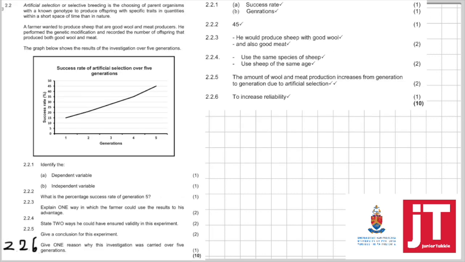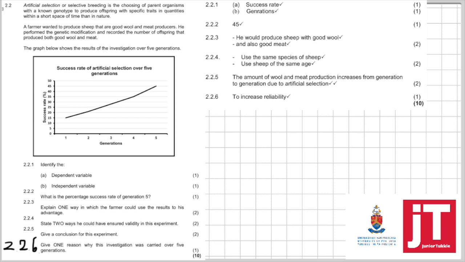2.2. Artificial selection or selective breeding is the choosing of parent organisms with a known genotype to produce offspring with specific traits in quantities within a shorter space of time than in nature. A farmer wanted to produce sheep that are good wool and meat producers. He performed the selective breeding and recorded the number of offspring that produced both good wool and meat.